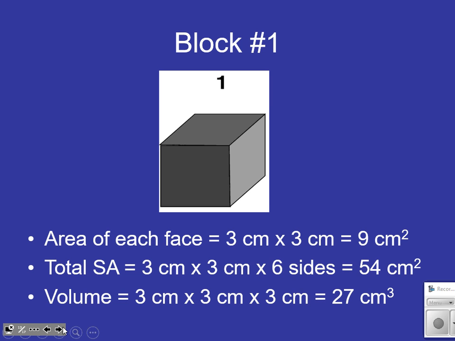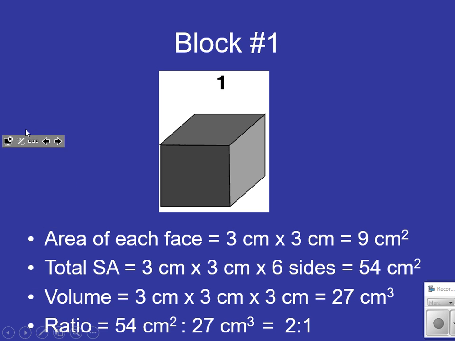So if I take my surface area to volume ratio, my surface area is 54 and my volume is 27, that gives me the ratio of 2 to 1. So my surface area to volume ratio is 2 to 1.